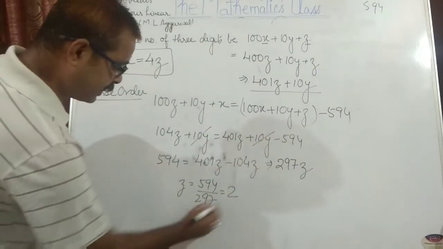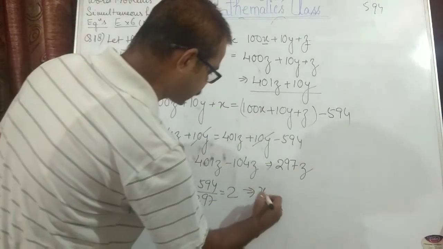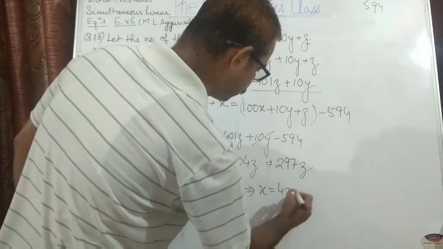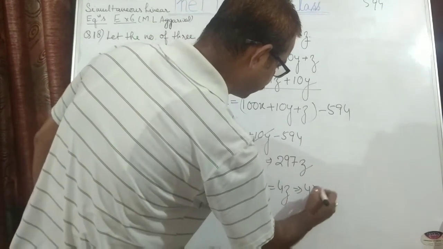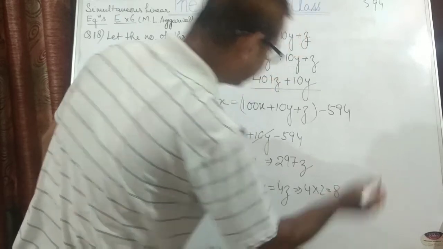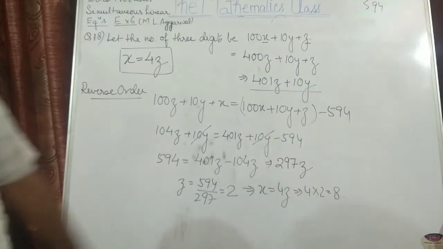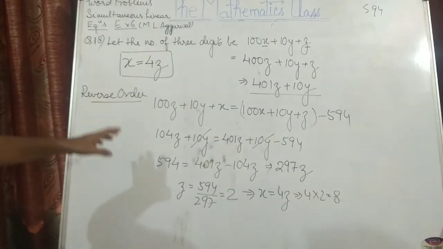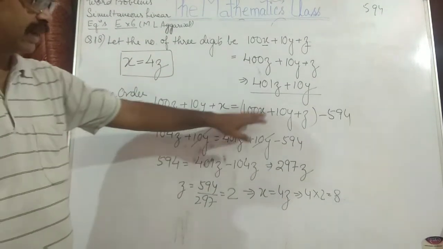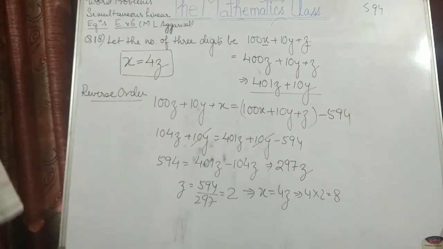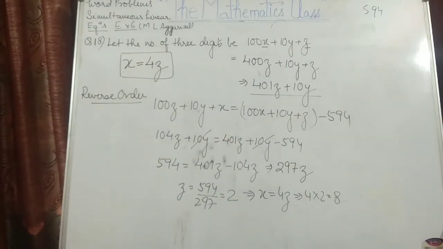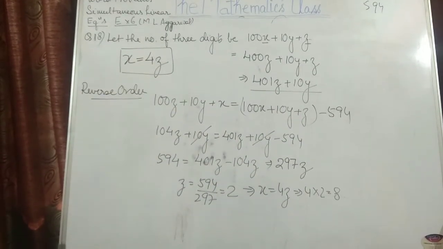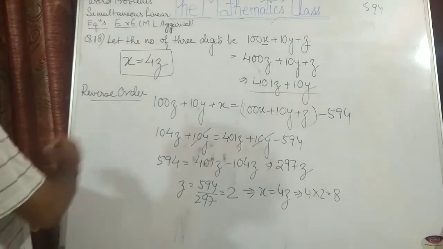So x will be 4 times z, or that can be written 4 into 2, that is 8. We know the value of x as 8. Now you can place the values of x and z in any of the equations and you can get the value of y.